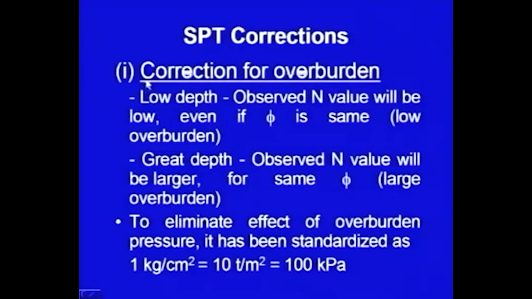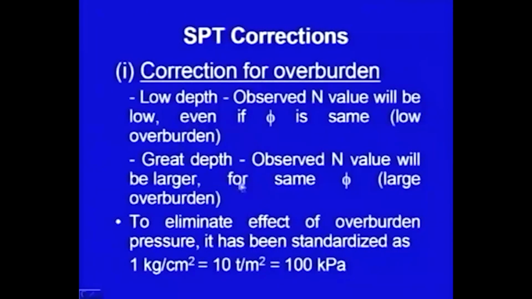So, first correction is correction for overburden. As I discussed earlier, when the test is conducted at lower depth, observed n value will be low even if phi is same, because of the low overburden pressure. If the depth is great, observed n value will be larger for the same phi because of higher overburden.